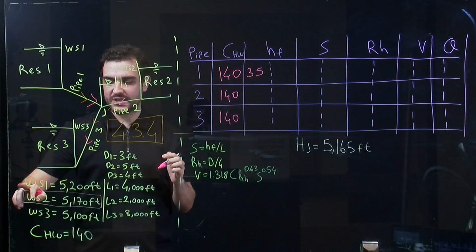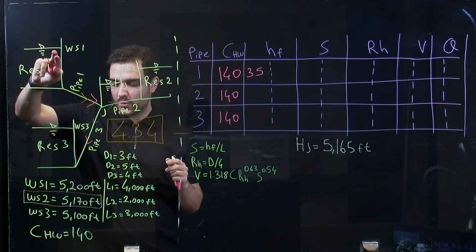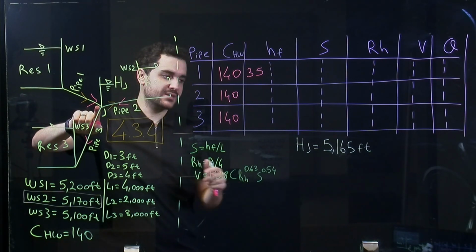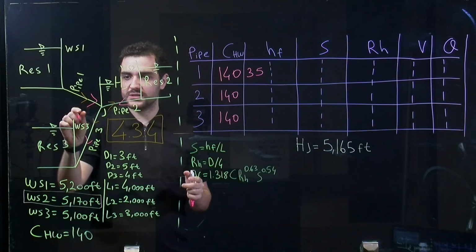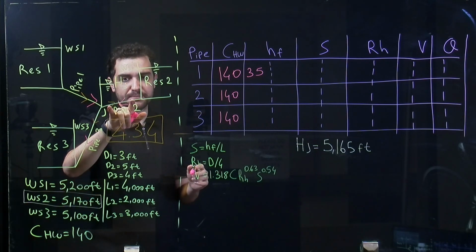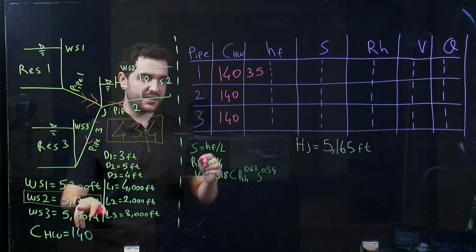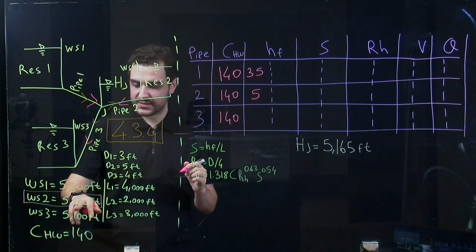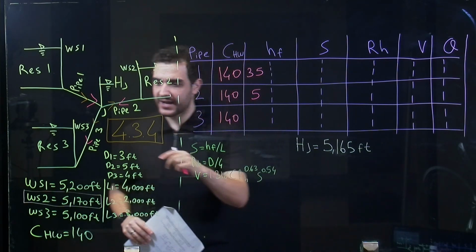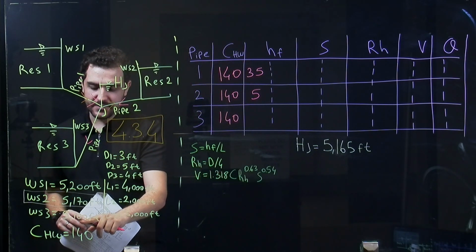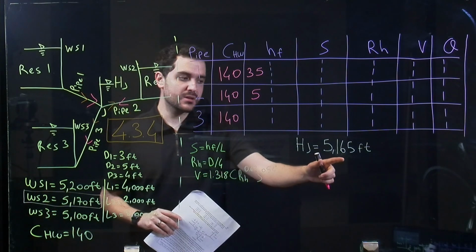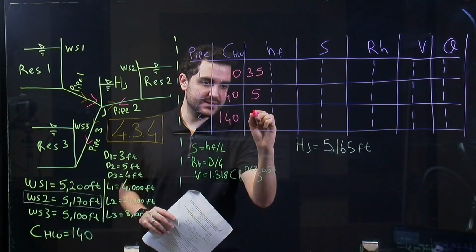It is because the water surface elevation is 5,200 feet here, and we have 5,165 feet here, so we have 35 feet of loss. And for the second pipe, we will have 5 feet, because it was 170, but we have 165. And for the last one, the water surface is 5,100, but we have 165, so that it will be 65 feet.